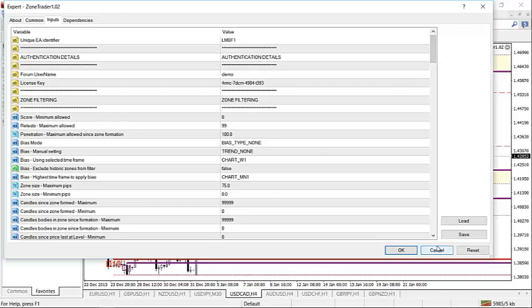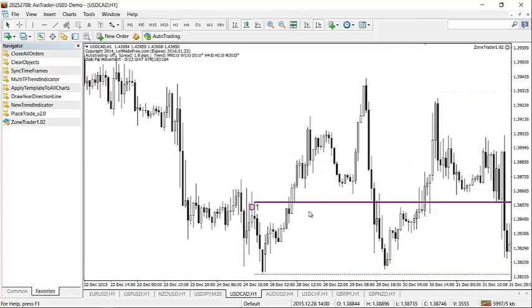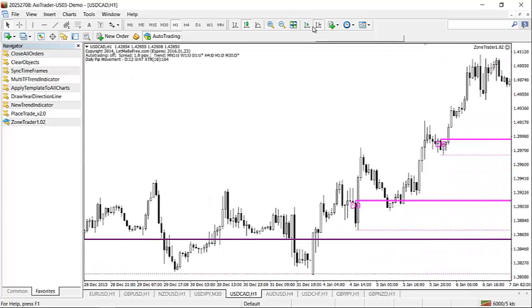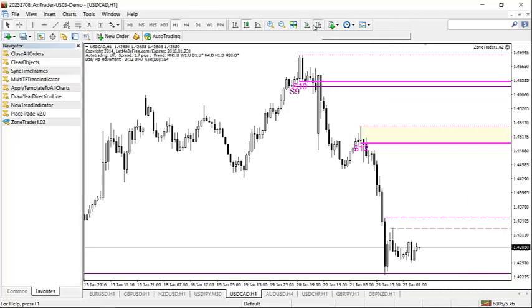Let's just deal with the penetration. Let's say, for example, we're going to look at... so here we have a 1-hour zone which has been penetrated.